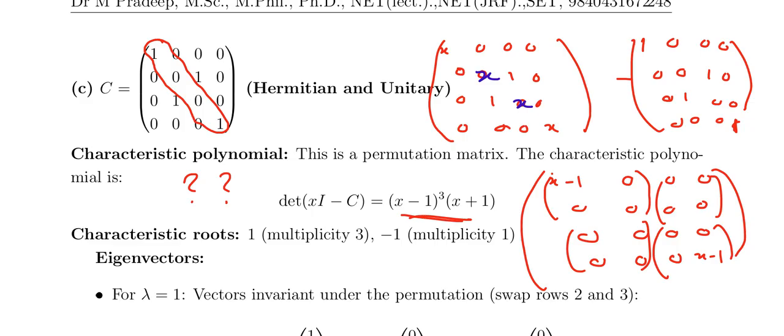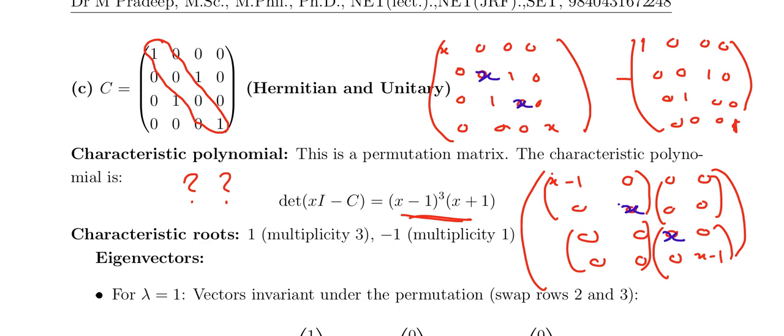Okay, this is x minus 0, x. Here x minus 0, this is the x, correct? So x minus 1, x minus 1, x minus 0, this is the x minus 0, x.